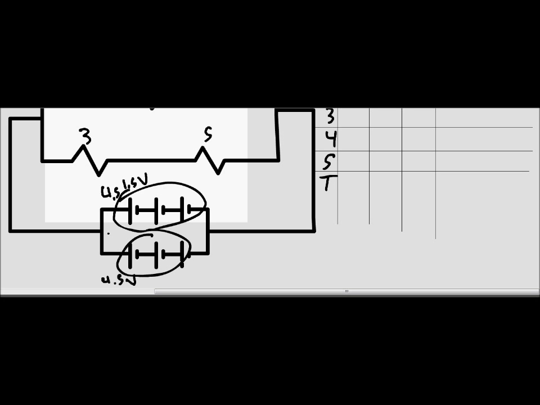Now when you think about this, there are 4.5 volts of power along here and 4.5 volts of power along here. And since it's 4.5 volts and it's in parallel, only 4.5 volts is moving out from this collection of batteries. So it's almost as if one row didn't exist.